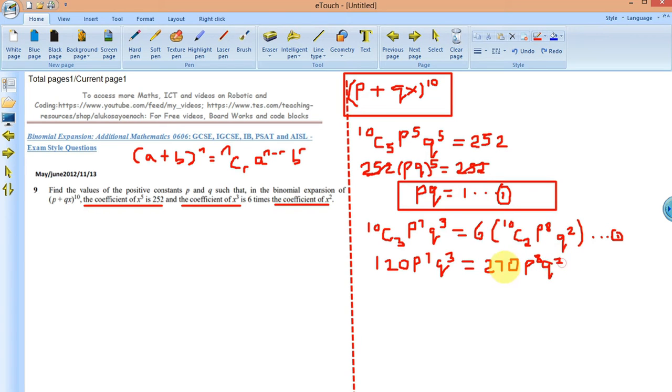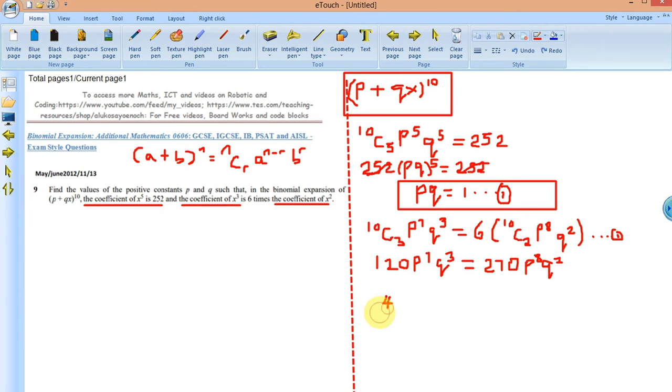So the best thing for me, I can divide through by 270 if you don't mind. 120 divided by 270 is 4 over 9. So this will give me 4 over 9. This one is gone, that is 1 over 270 over 270.